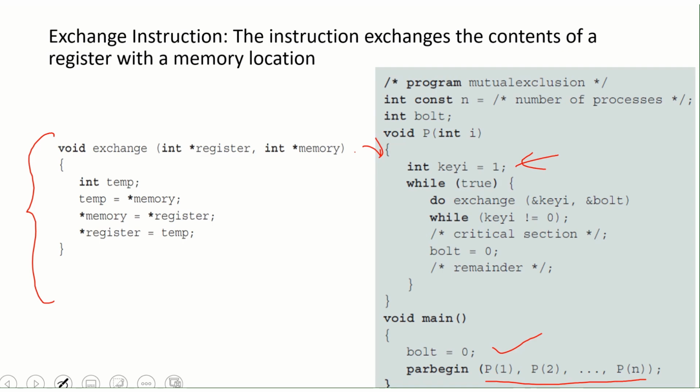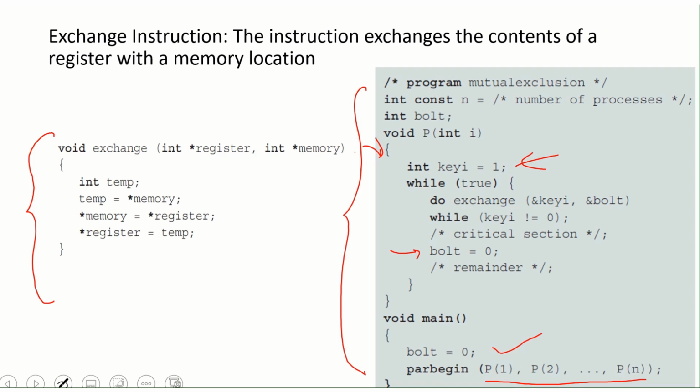When a process leaves its critical section, it resets bolt equal to 0, allowing another process to gain access to a critical section. If bolt is equal to 0, then no process is in the critical section, and if bolt is equal to 1, then exactly one process is in its critical section, namely the process whose key value is equal to 0.